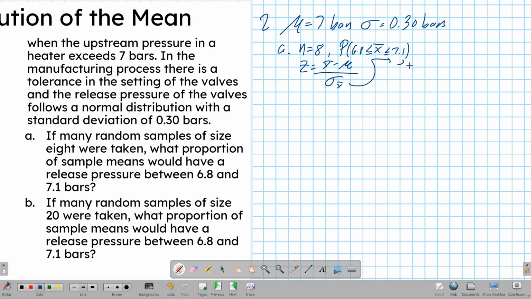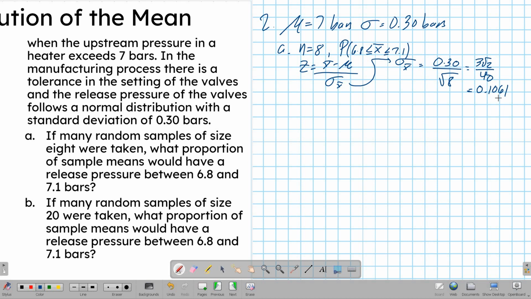We compute our standard error first, which is 0.30 bars divided by the square root of 8. The exact value of this is 3 square root of 2 over 40, but for the sake of computation, let's use 4 decimal places. That's 0.1061.